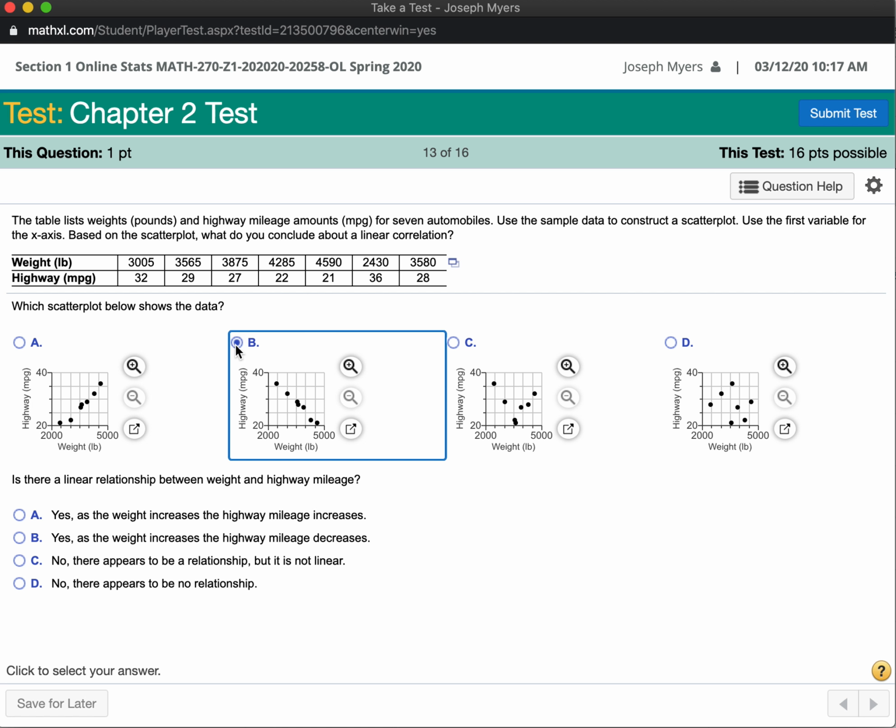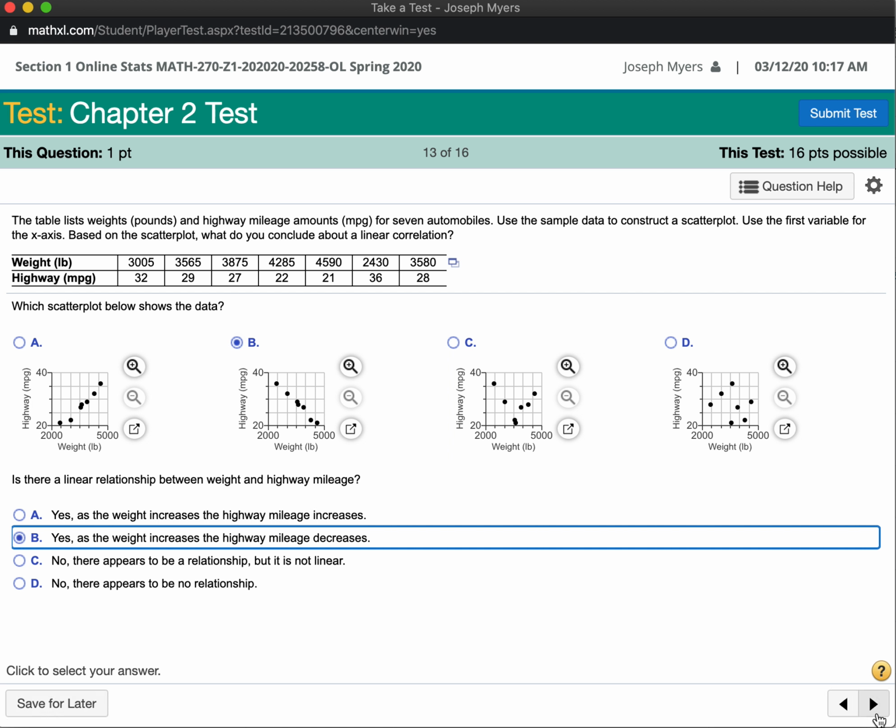So B is the only one that shows the miles per gallon going downwards as the weight goes upwards. Is there a linear relationship? Well, so far there appears to be. So yes, as the weight increases, the highway mileage decreases.